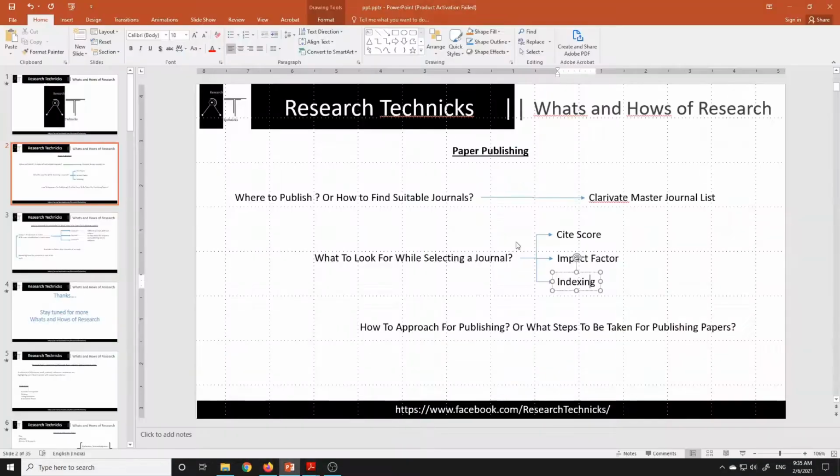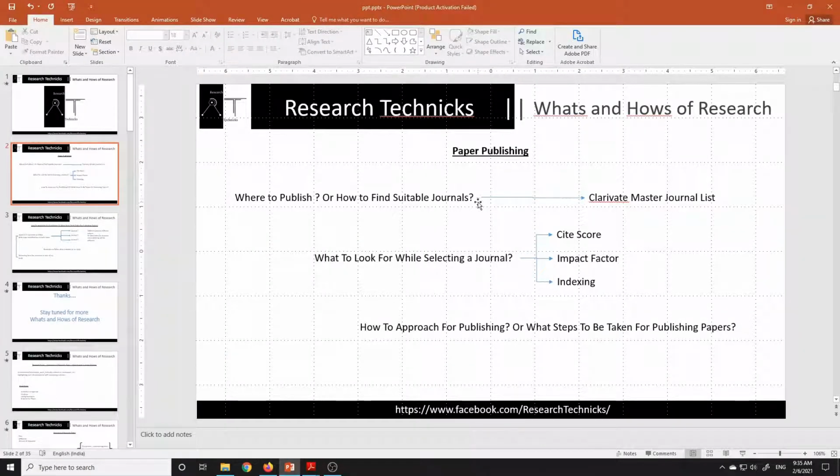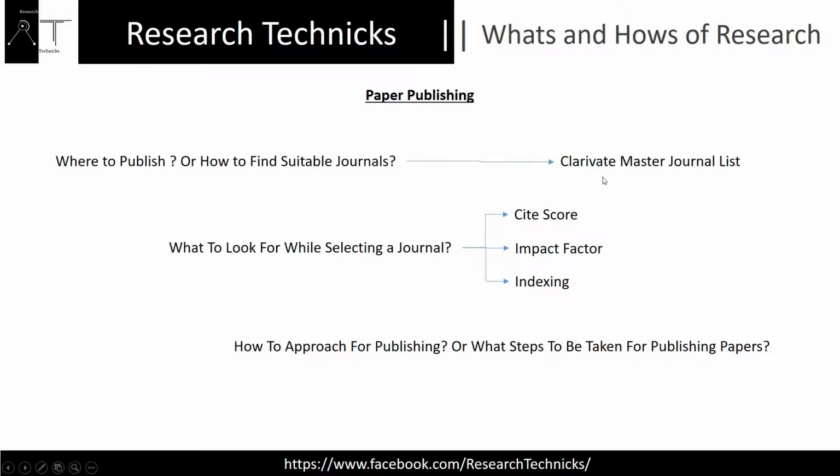So we have seen where we can publish and how to search which journal is suitable for us, how we can select on the basis of site score and impact factor. There is one more thing.